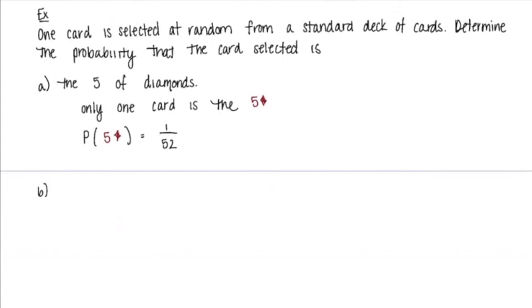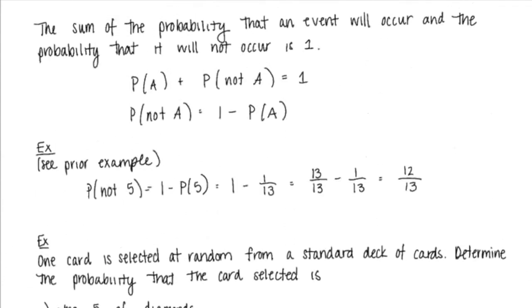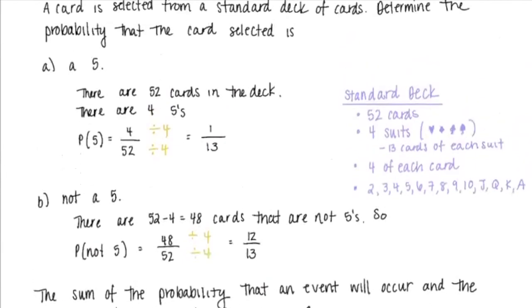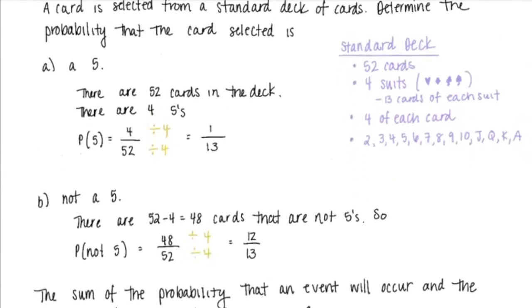So let's try another one. Let's determine the probability that the card selected is a red card or a black card. Well, as long as it's red or black, you're good. And in this case, every card is going to be red or black. So going back up here to add some more info to your standard deck, hearts and diamonds are red, whereas clubs and spades are black.